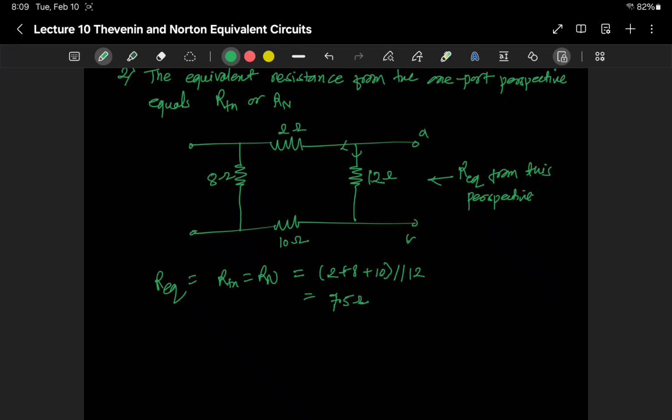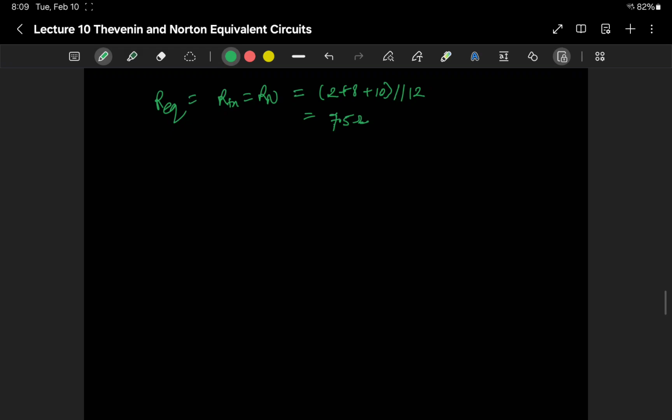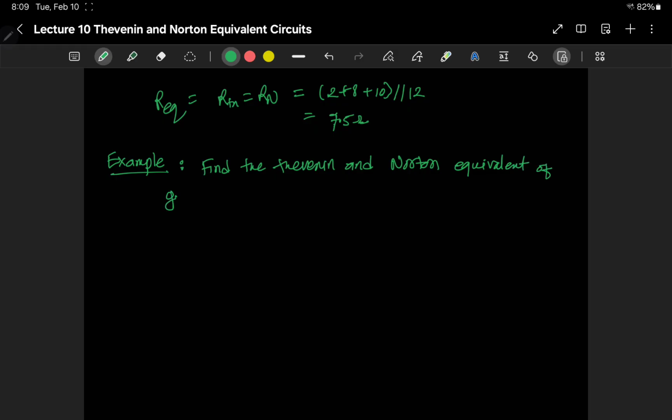Okay, let's do another example for the Norton and Thevenin equivalent circuit. Find the Thevenin and Norton equivalent of the given one port network.